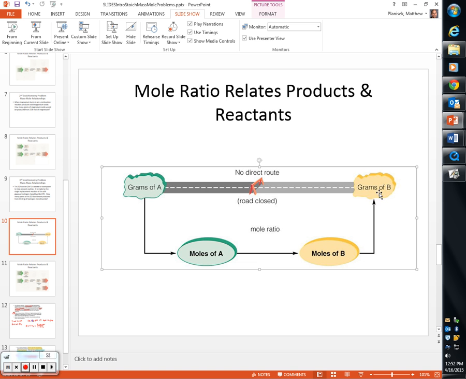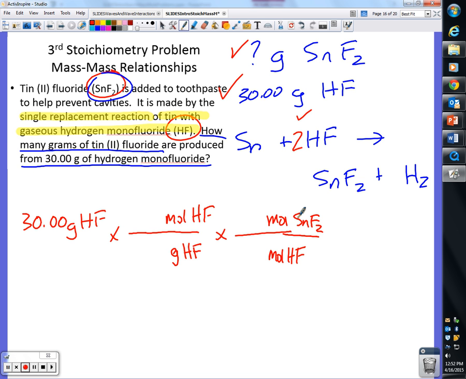We have one last step on the detour. We have to convert moles of B into grams of B, or moles of tin fluoride into grams of tin fluoride. So, a third conversion factor. What unit has to go on the bottom of that conversion factor?